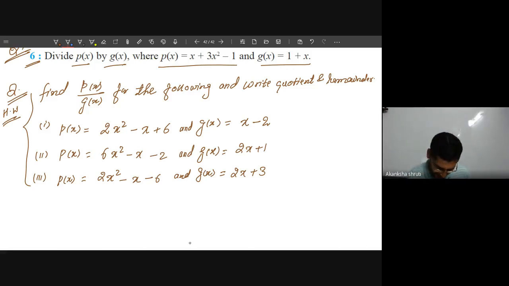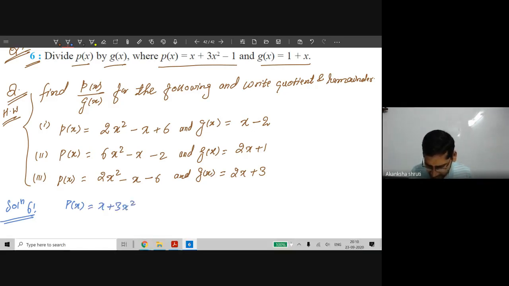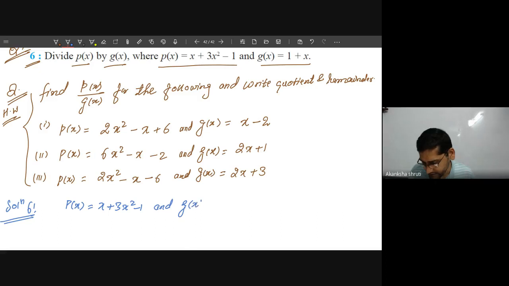So let me solve the question number 6, where px is x plus 3x square minus 1, and our gx is 1 plus x.